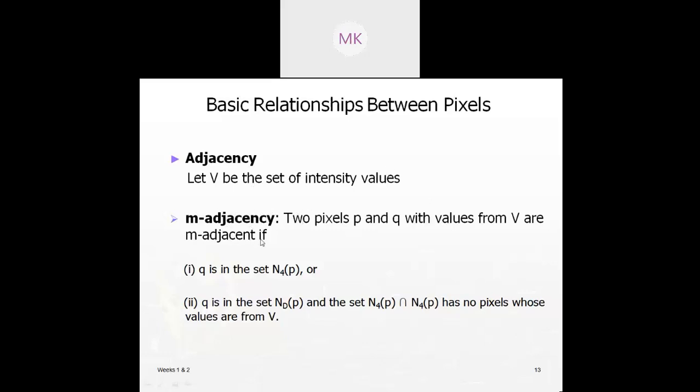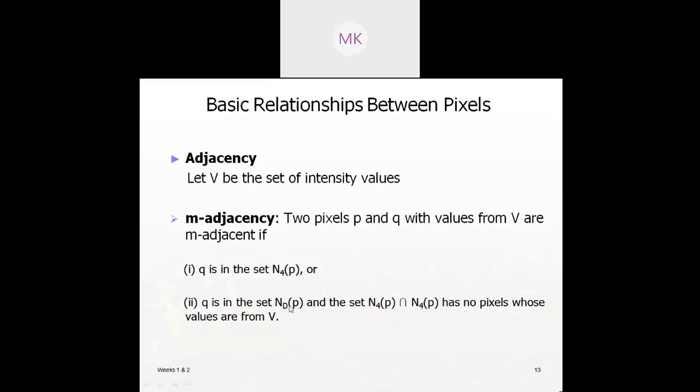M adjacency: if we consider two pixels P and Q with values from V, they are M adjacent if and only if the pixel Q is in the set N4 of P, or Q is in the set ND of P and the set N4 of P intersection N4 of Q has no pixels in common. So this is about M adjacency.